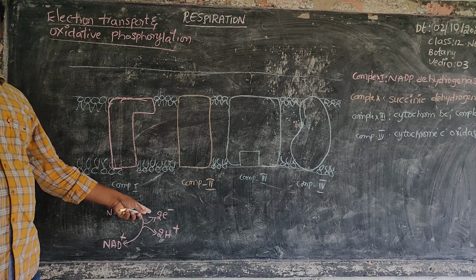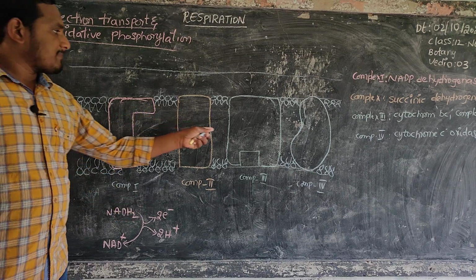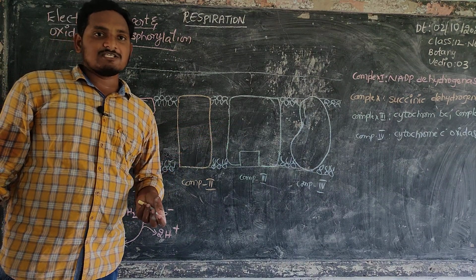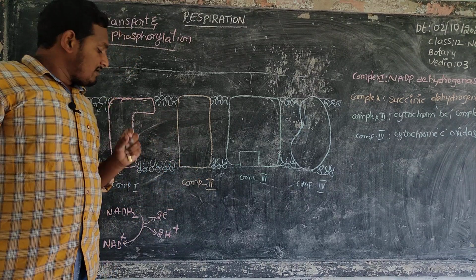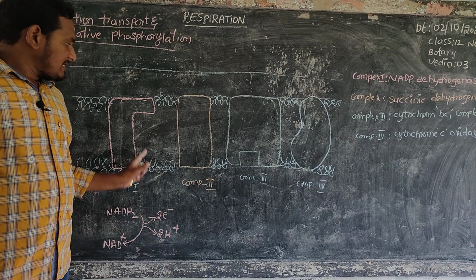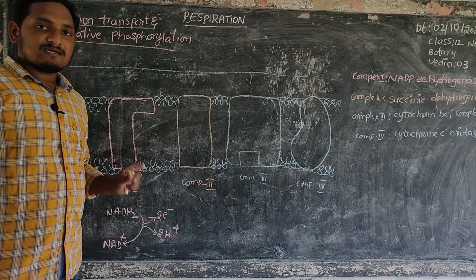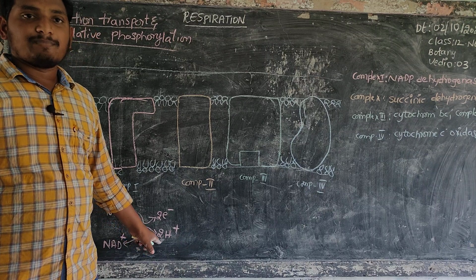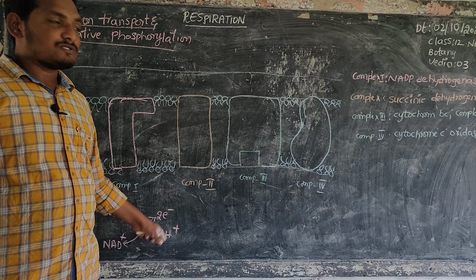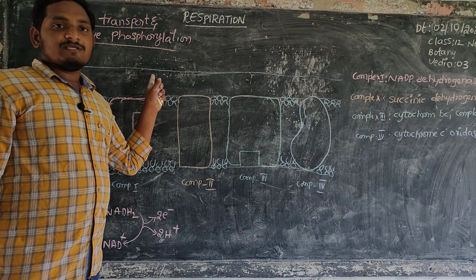This pair of electrons generally travels through these complexes with the help of electron transporters. They are proteins which are present inside. During this time, energy is released. That energy is used for pumping this pair of protons into the inner membrane space.